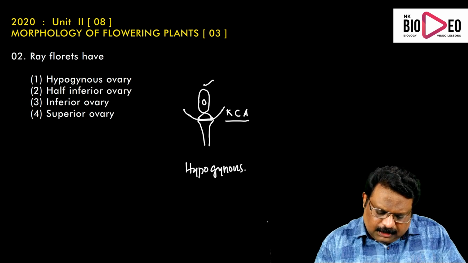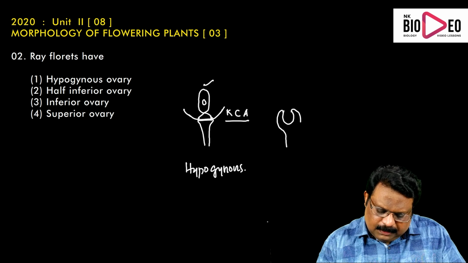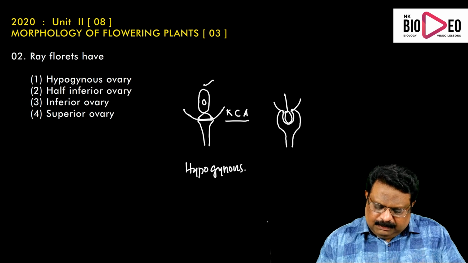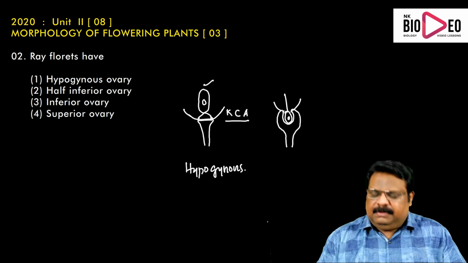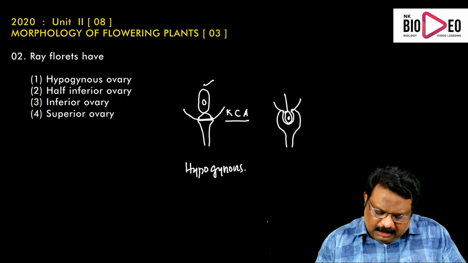In the case of when the thalamus is cup-shaped, this will be the ovary. And this will be the position of calyx, corolla and androecium. That means the ovary is situated deep. So that is called inferior ovary.